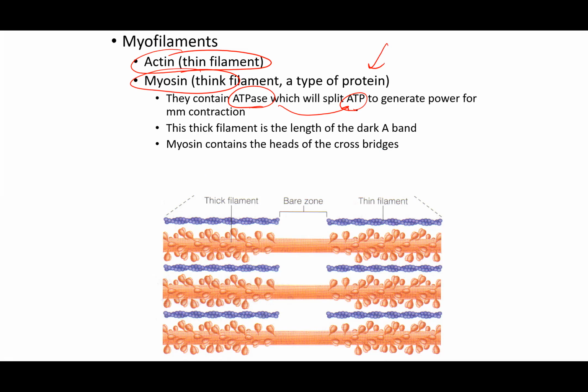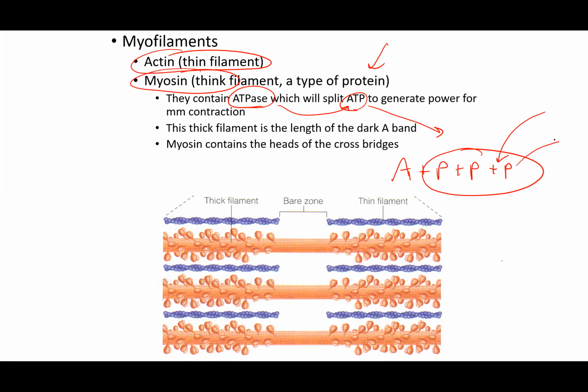So when you have adenosine triphosphate, ATP is adenosine tri, which is 3, phosphate, it looks like this. Adenosine plus a phosphate plus a phosphate plus a phosphate. So there's your 3 phosphates. The high energy bond is right here.